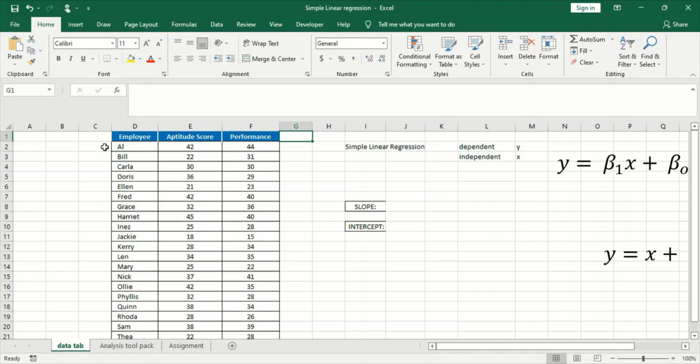But basically what they are trying to do is to find out whether this aptitude test we run is a good test to check how workers' performance will be eventually when they get a job, and to also create a model that can help them predict how someone will perform depending on what he scored in his aptitude test.